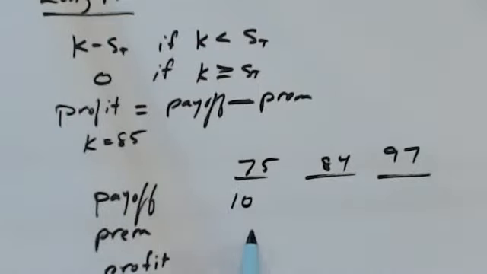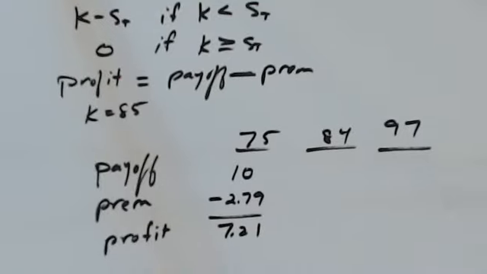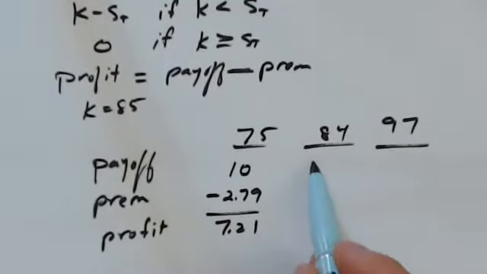We're going to make $10 in payoff if we exercise this option. The premium that we paid for the put is $2.79, and so our profit is $7.21 per share.